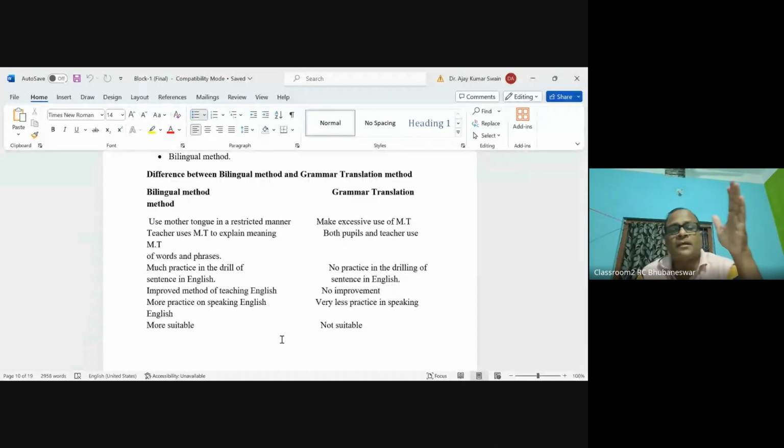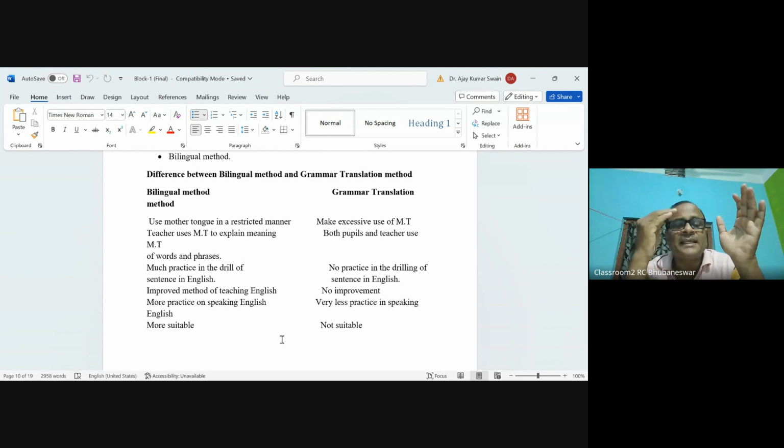In bilingual method, mother tongue will be used judiciously, at the time of necessity. But in grammar translation method, mother tongue use is excessive. Here in bilingual, teacher uses mother tongue to explain meaning. But here both pupil and teacher use mother tongue.